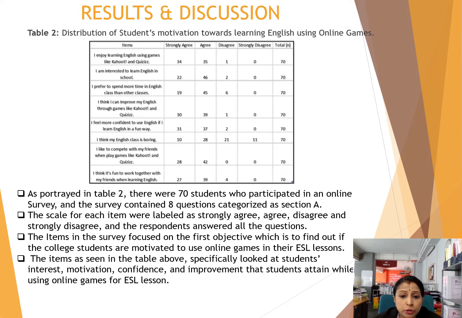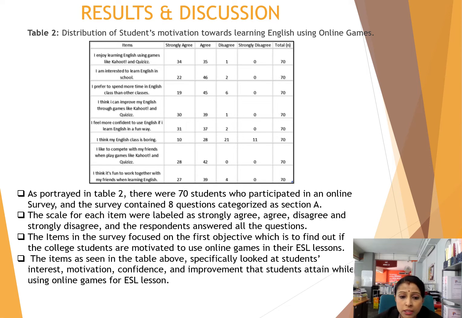As portrayed in Table 2, there were 70 students who participated in the online survey, and the survey contained 8 questions categorized as Section A. The scale for each item was labeled as strongly agree, agree, disagree, and strongly disagree, and the respondents answered all the questions.